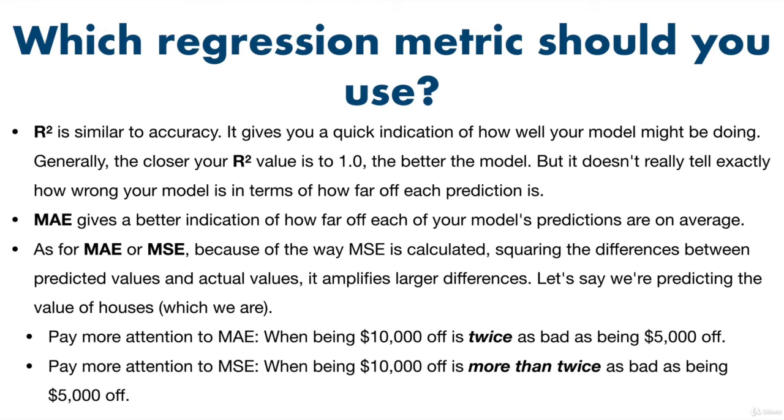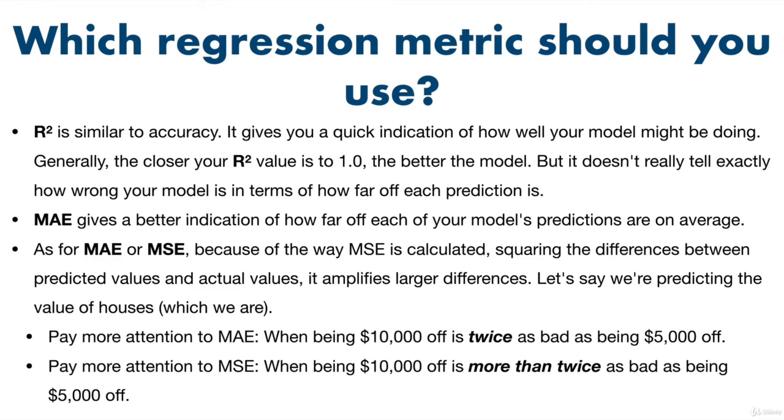You might think, well, it's not really if I double $5,000 to $10,000. So this is kind of another way of saying that bigger errors are worse than smaller errors, right? So if we're $10,000 off, and that's way worse than being $5,000 off, we want to look more to mean squared error.